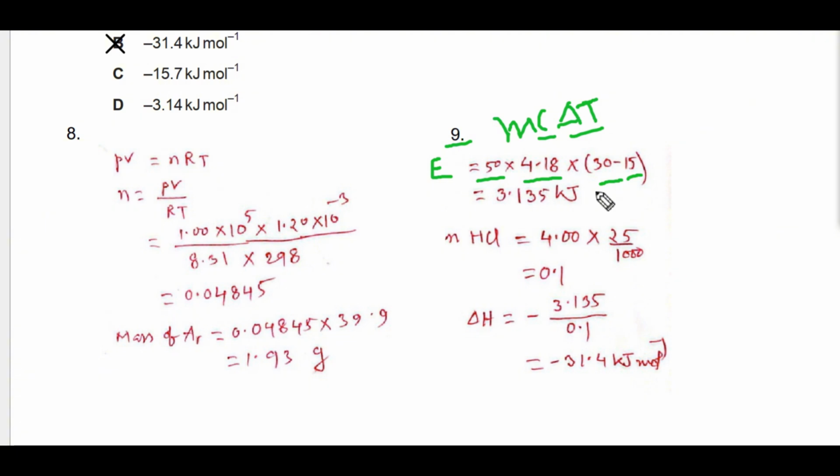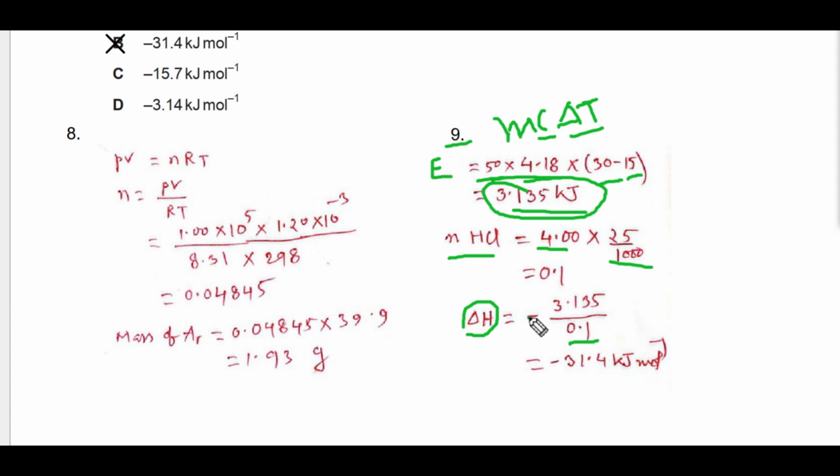So you will get 3.135 kilojoule. Now moles of hydrochloric acid, concentration times volume, 25 divided by 1000 to convert centimeter cube to dm cube, so 0.1 mole.